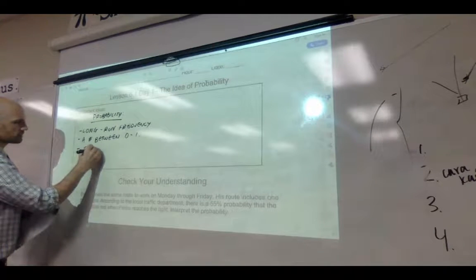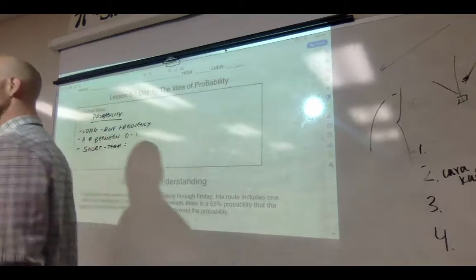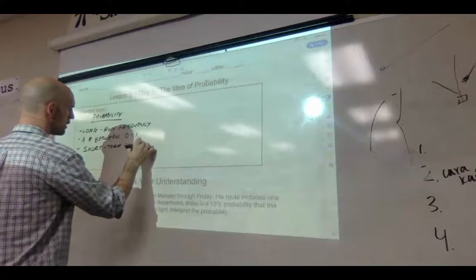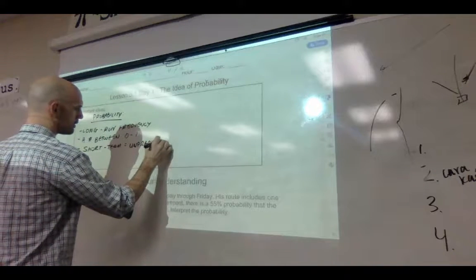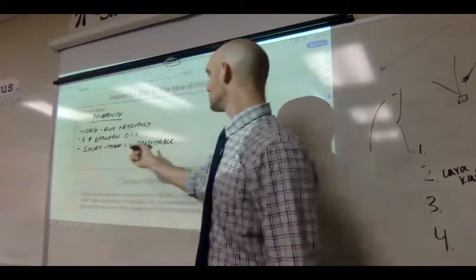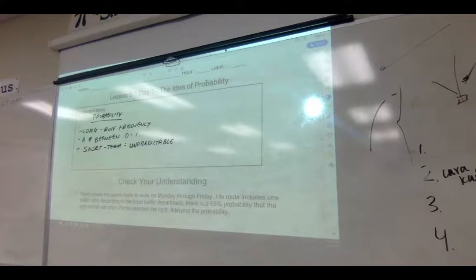Here's two keys. In the short term, it is unpredictable. Casinos cash in on this. Oh, one more roll. I'm going to get a 6 because I haven't had a 6 in a long time.